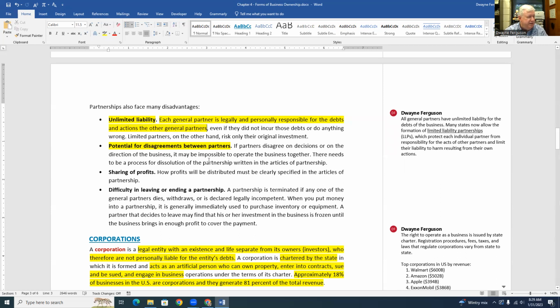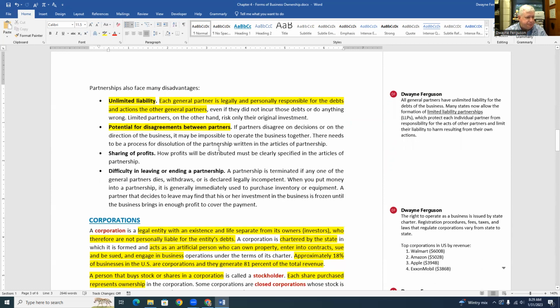So that's a real disadvantage. Of course, you have more than yourself to consider. Of course, sharing the profits, they're not all yours, and then figuring out how to end the partnership. So those all could be disadvantages. But again, probably the two biggest ones are these two that I've mentioned here: unlimited liability and the potential to have a disagreement and have to bust up the partnership.